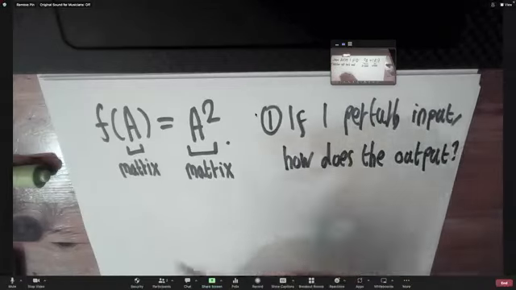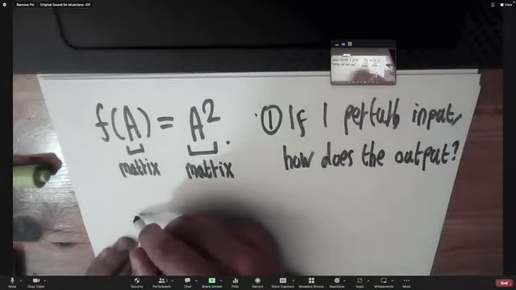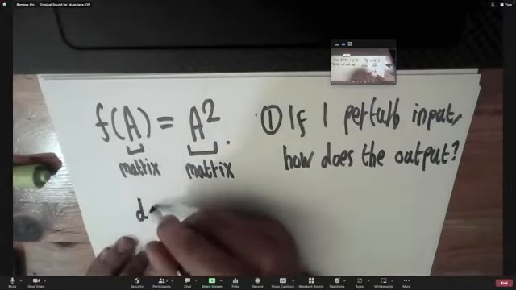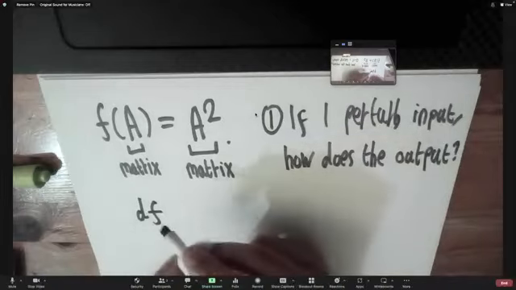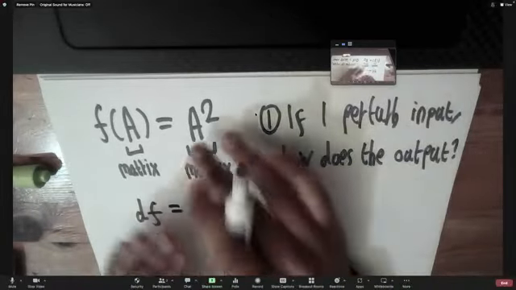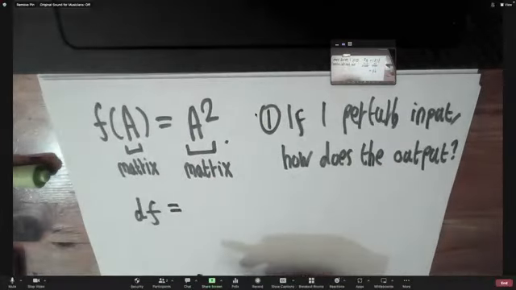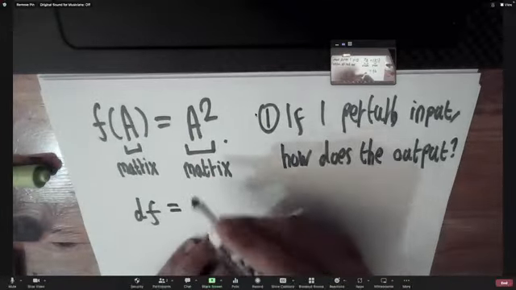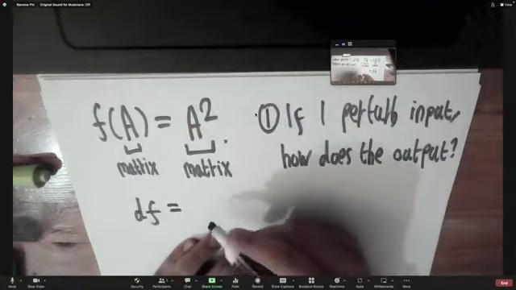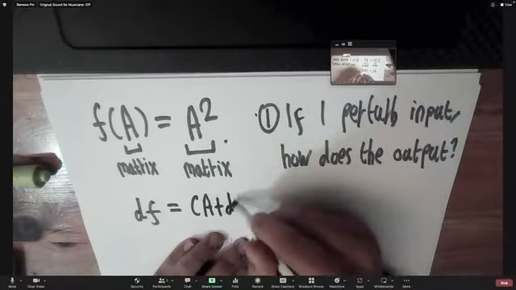So for the case of this function, what you've done in the class is you may have written something like this. You might have used this notation df, which is the differential of f. Yes, that's the notation. And you would have replaced A with A plus dA. So dA is your wiggle in the input.